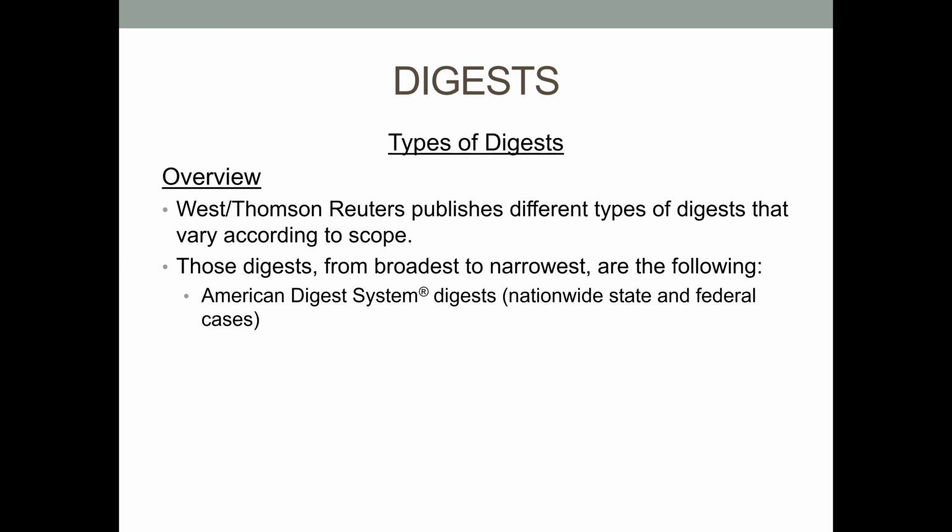The broadest coverage is their digest series called the American Digest System. It's huge because it encompasses all state and federal head notes or abstracts from West published cases.